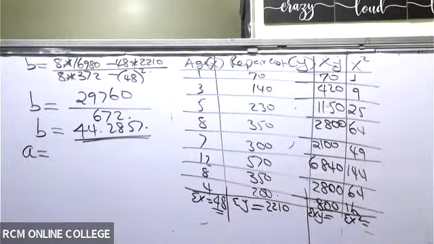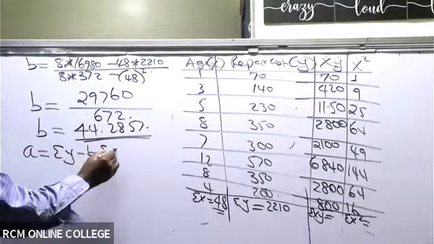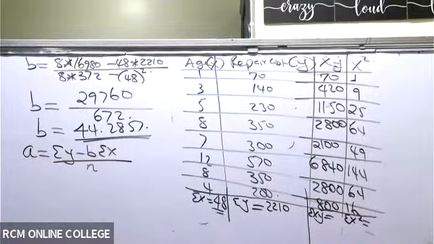So to get A, we normally take summation of Y minus B times summation of X, divided by N. Do we have all these parameters? Oh yes, we do.